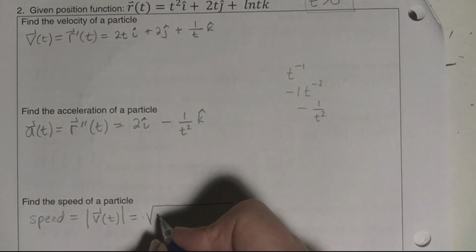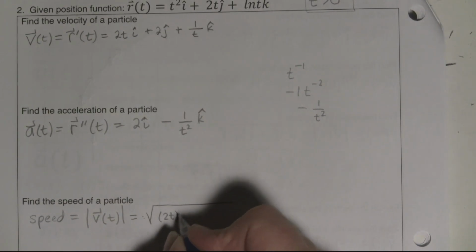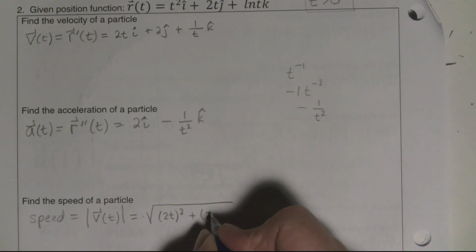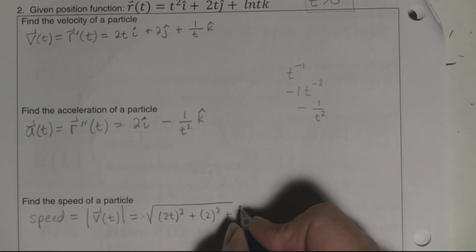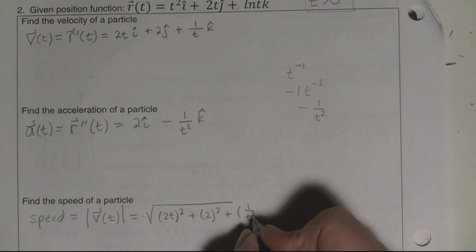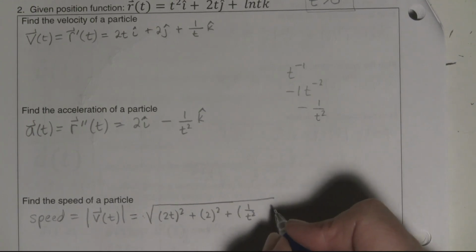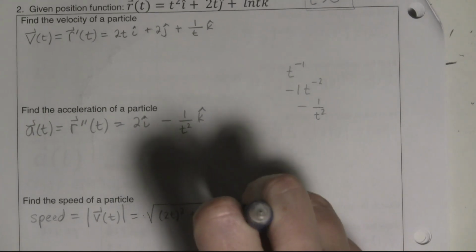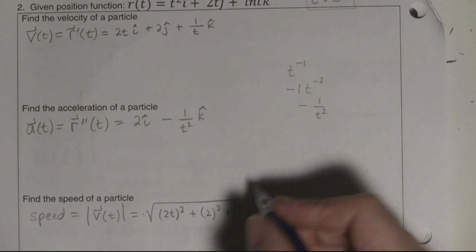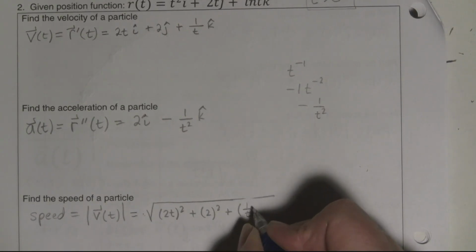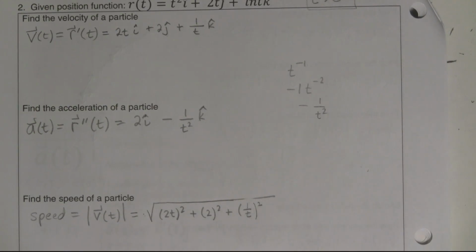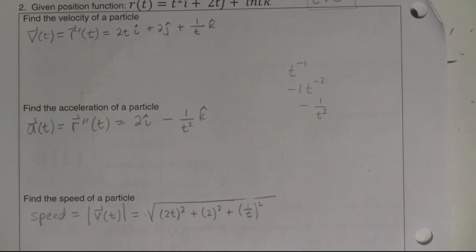So it's 2t squared plus 2 squared plus 1 over t squared. I squared it in the wrong spot, but actually I got lucky and it was right, but that wasn't on purpose.